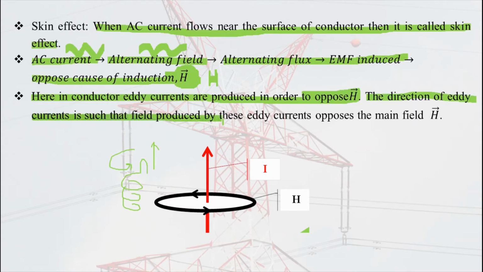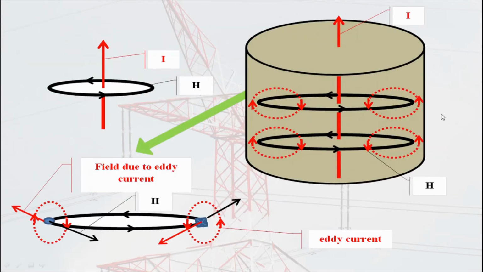See this figure. Here current is in the upward direction, so the main field will be in the anti-clockwise direction. It is shown by the dark black loop here. You can see this dark black loop is the magnetic field in the anti-clockwise direction. The direction of this field at any point on this circle will be tangent to this circle.